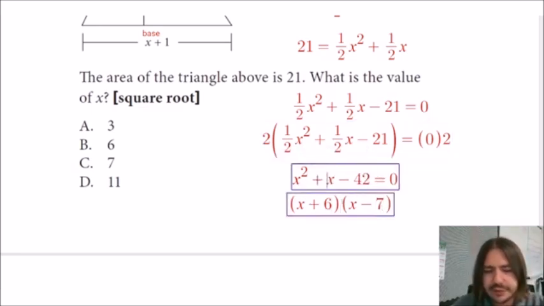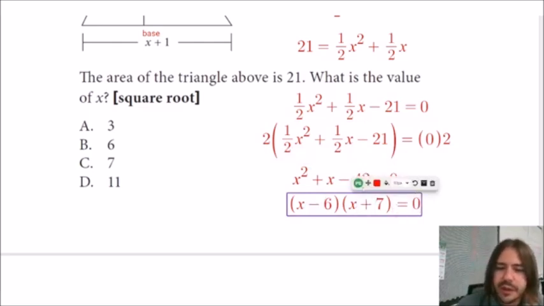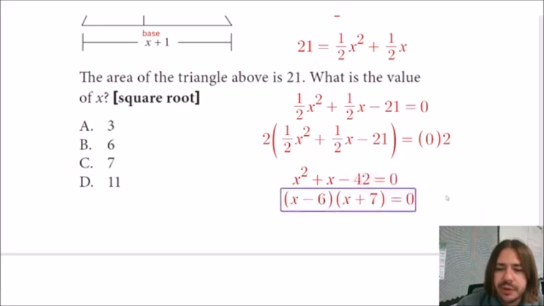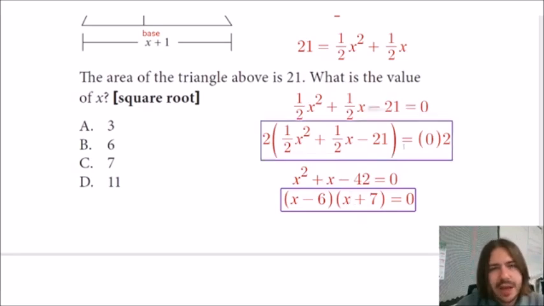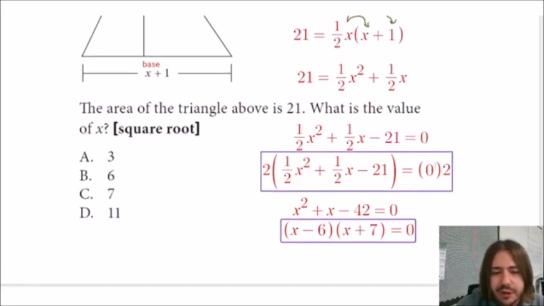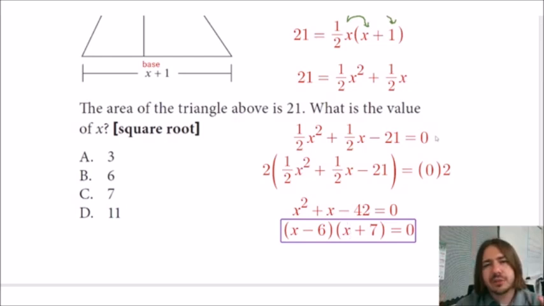This is supposed to be plus. Sorry about that. That's going to make this -6 and plus. Little error there. Okay, there we go. So two numbers that multiply to give me -42 but add up to 1 are -6 and positive 7.